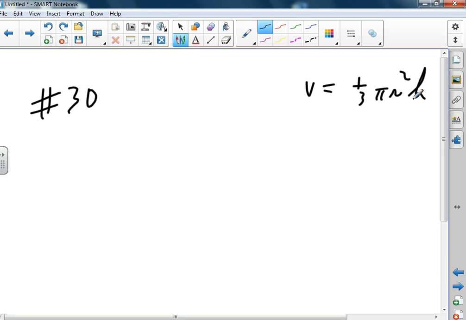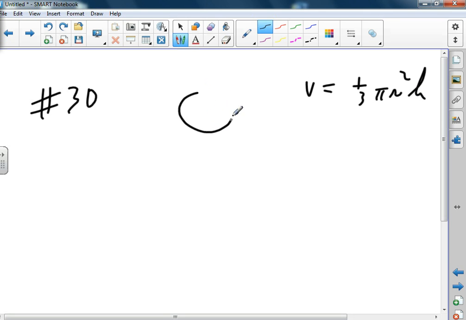So you can see a picture of a cone. Pretty sure I know what it is. It's on page 101. Okay, so that's a right cylinder cone.